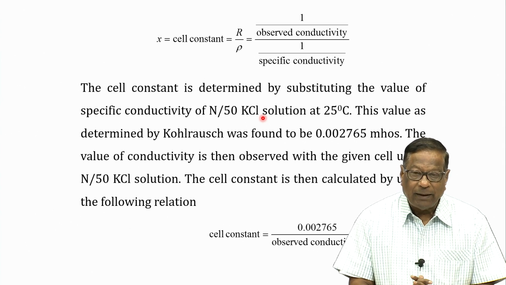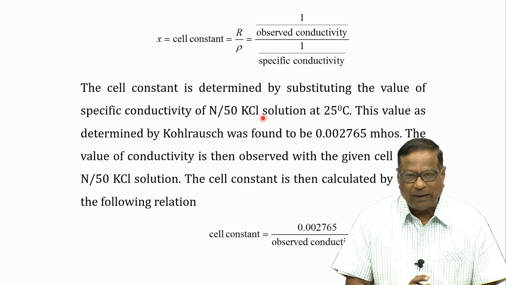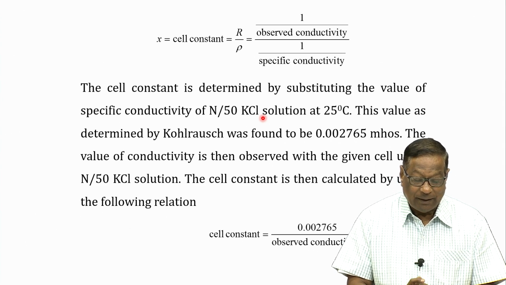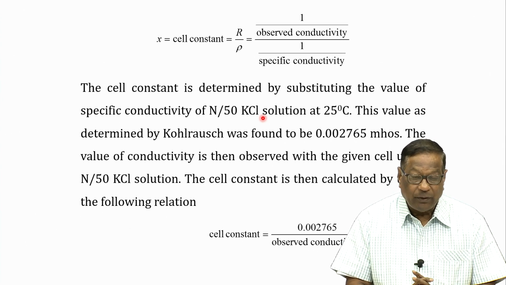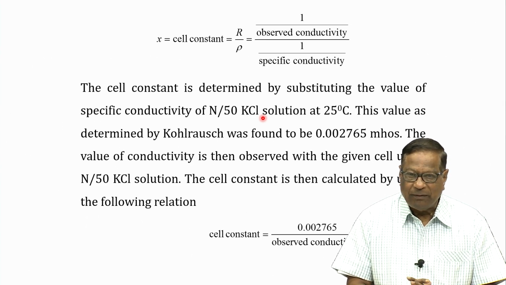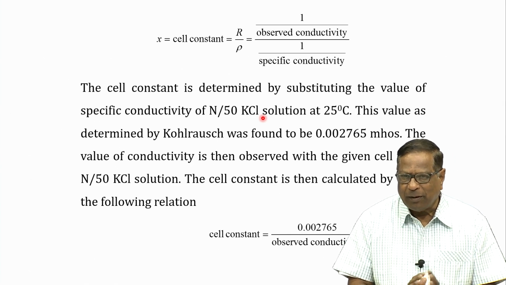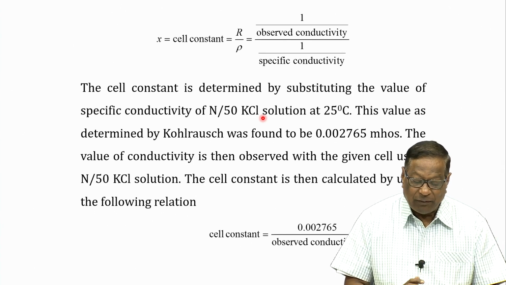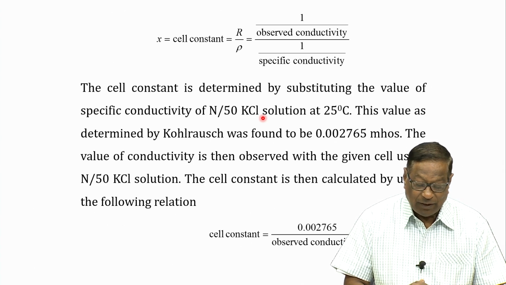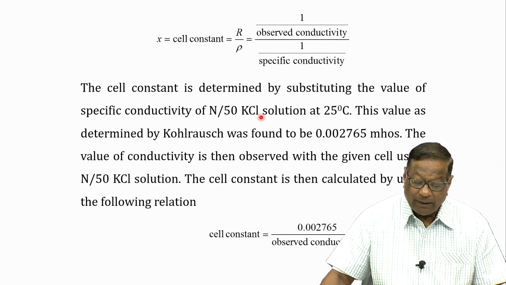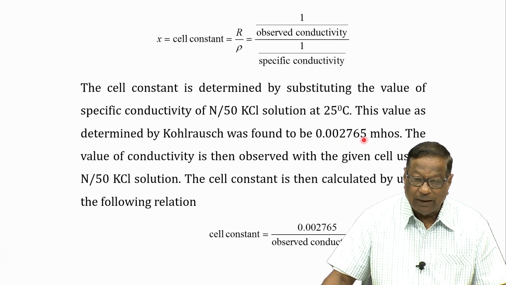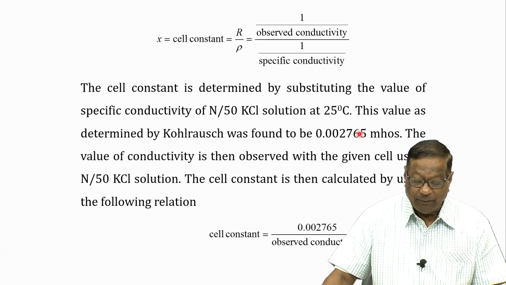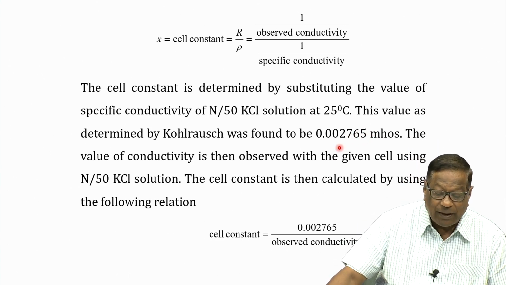When you buy a conductivity cell, the manufacturer will tell you the approximate cell constant, and you determine it for your set. Then you have to prepare N by 50 potassium chloride solution at 25 degrees, whose conductance is 0.002765 mhos, and accordingly the resistance you can calculate.